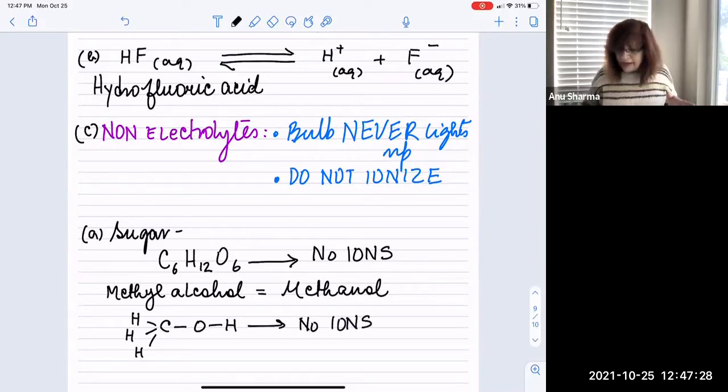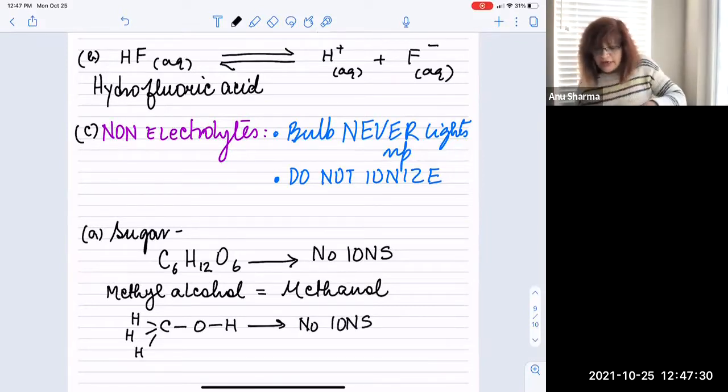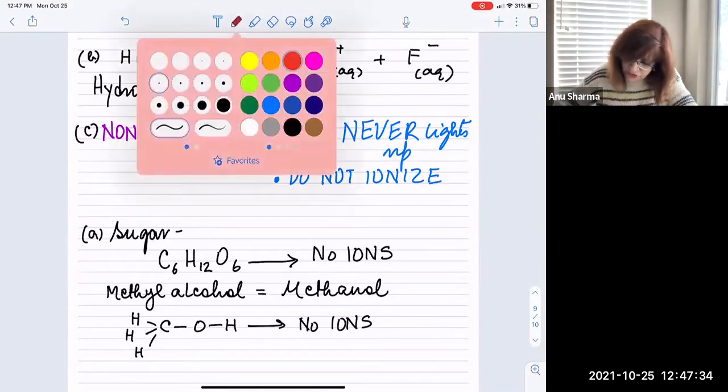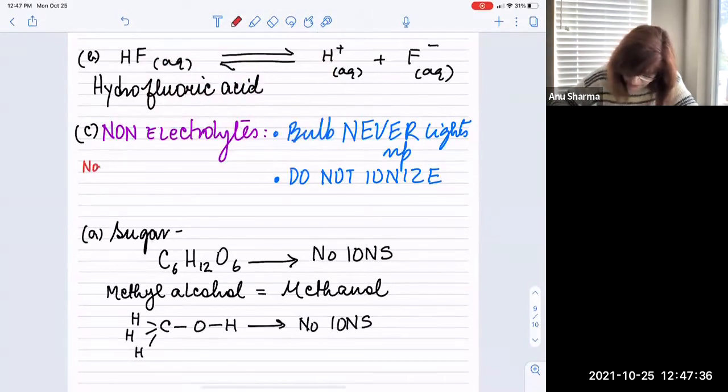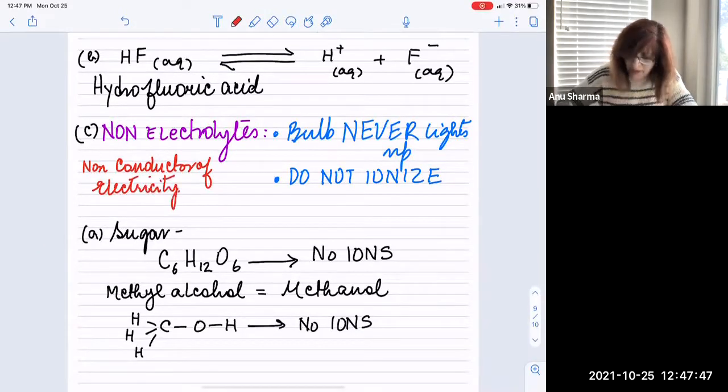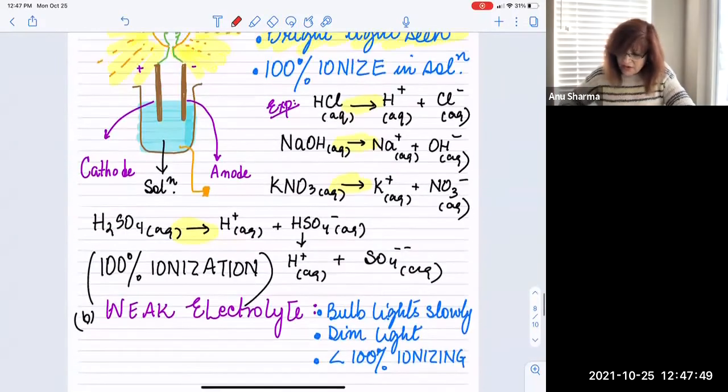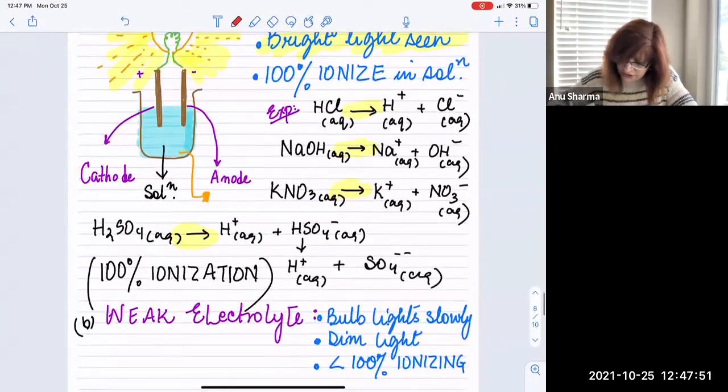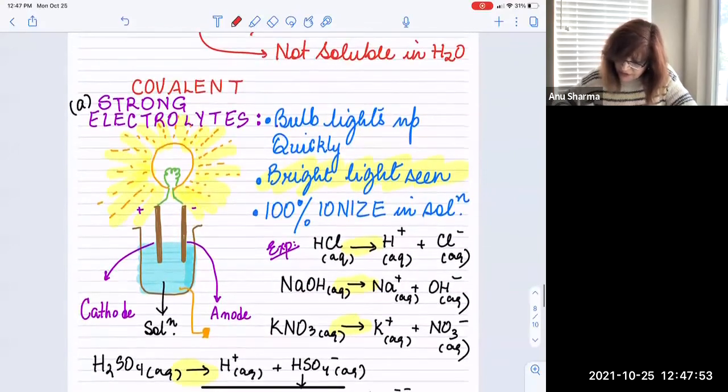Okay, so non-electrolytes are non-conductors of electricity. And so these are good conductors of electricity. So where should I put this here?